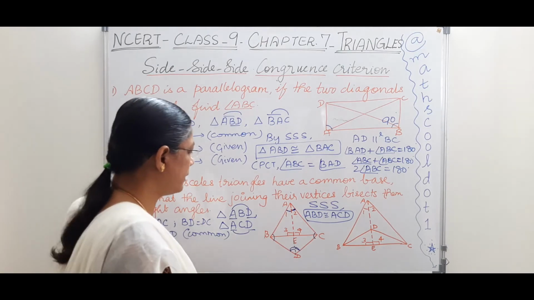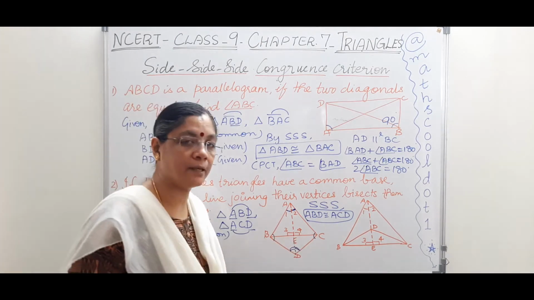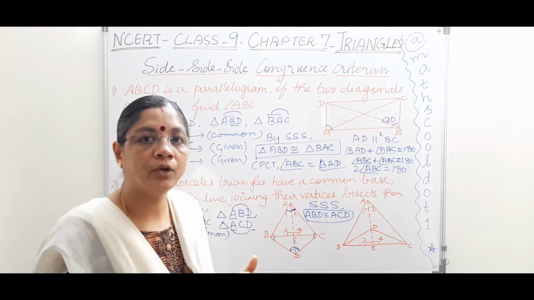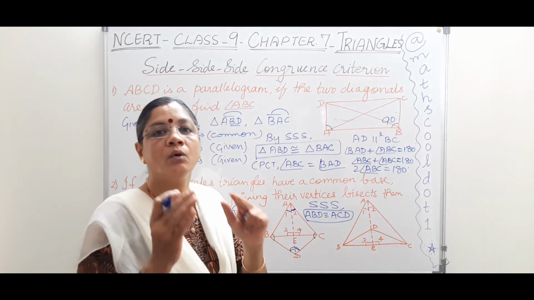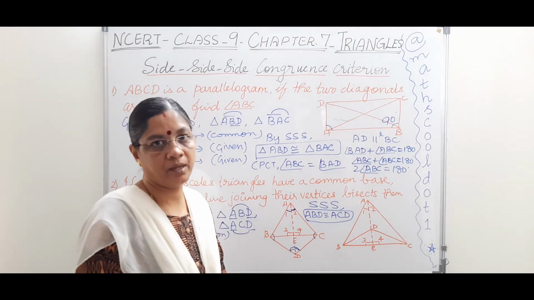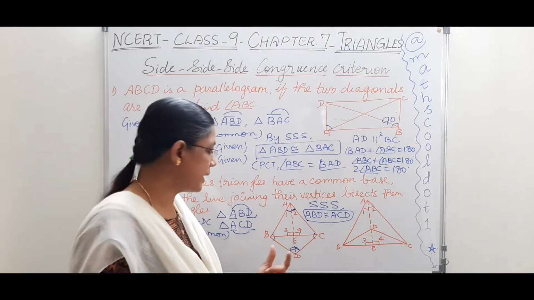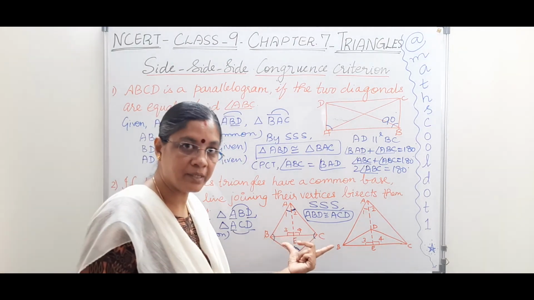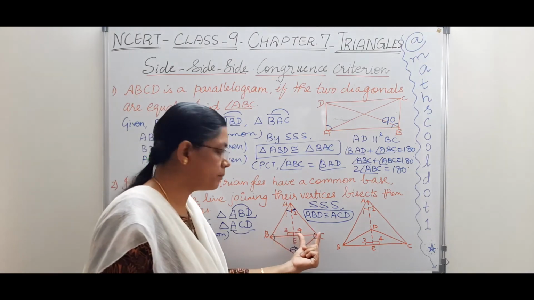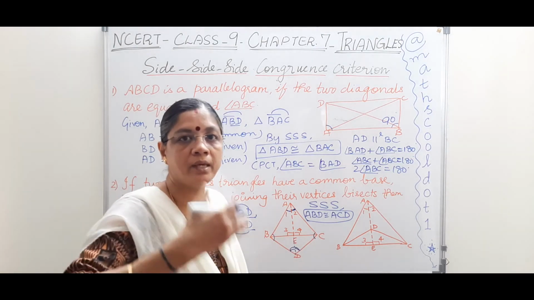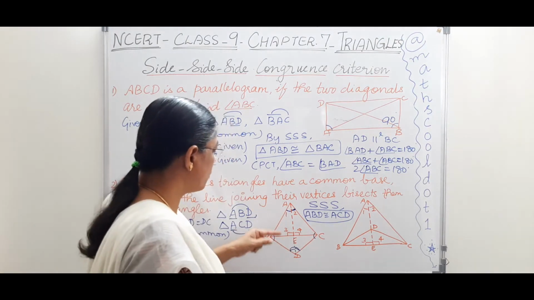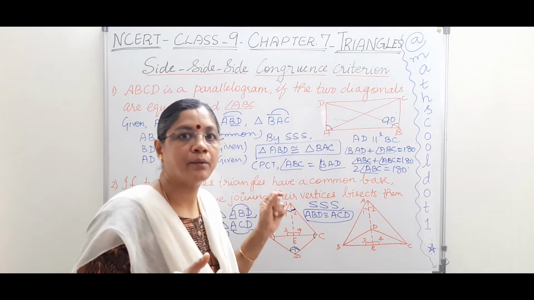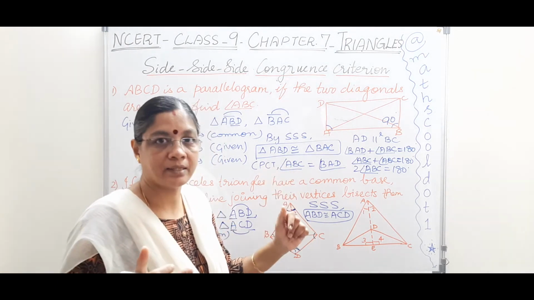Now how do we do that? Since BE and EC are our concern, we spot triangles with those two sides, right? Because we need to prove the line bisects BC. We need to prove BE is equal to EC. So we take those two triangles which have BE and EC as their sides, right?